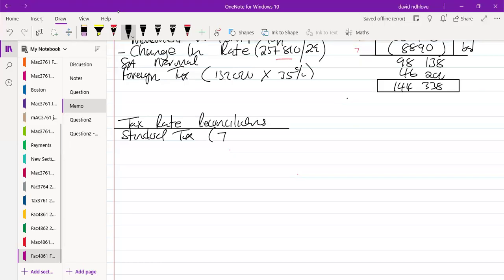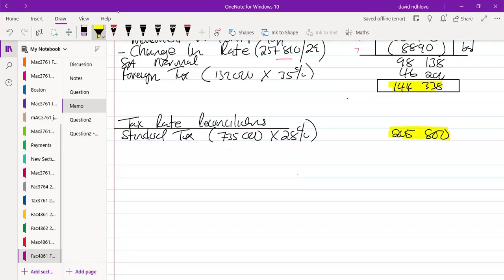The standard tax will take the 735, which is the profit before tax, and we multiply by the current tax rate of 28%. Right, then we are going to get a value of 205,800. So we want to reconcile this amount and that amount.